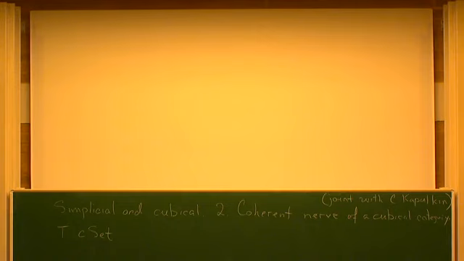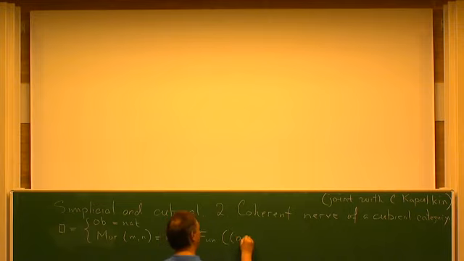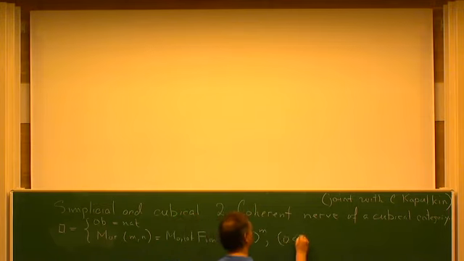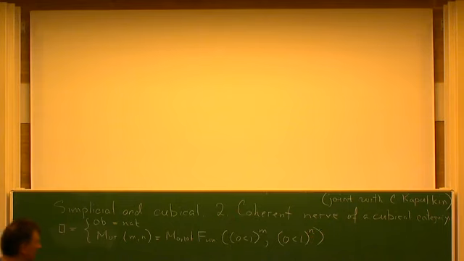Okay, so first maybe, the cube category here will be the category with objects natural numbers, and morphisms from m to n being given by monotone functions from the partially ordered set 0 less than 1 to the power m to the partially ordered set 0 less than 1 to the power n.